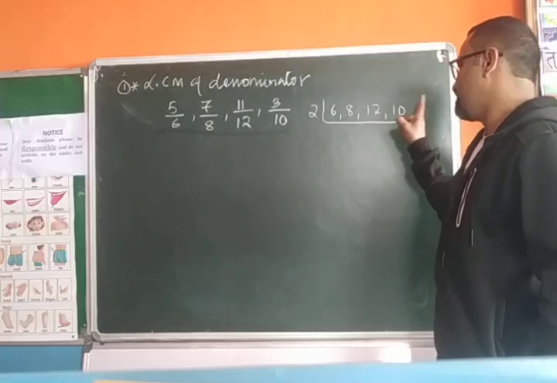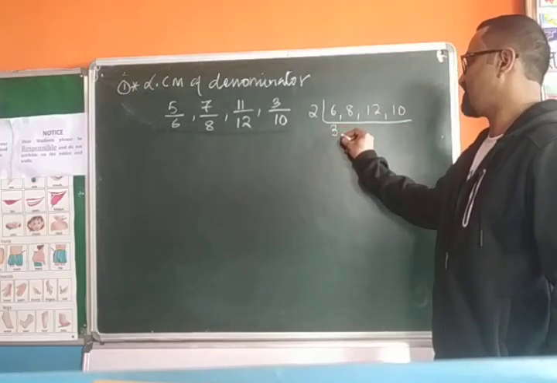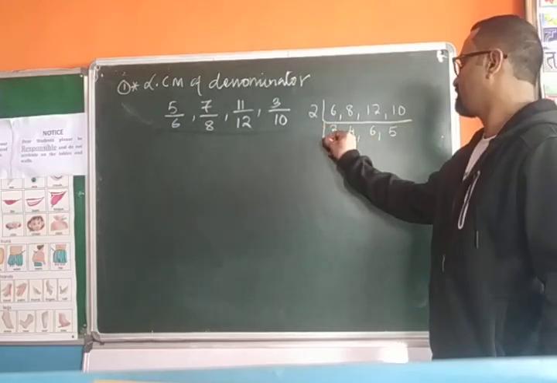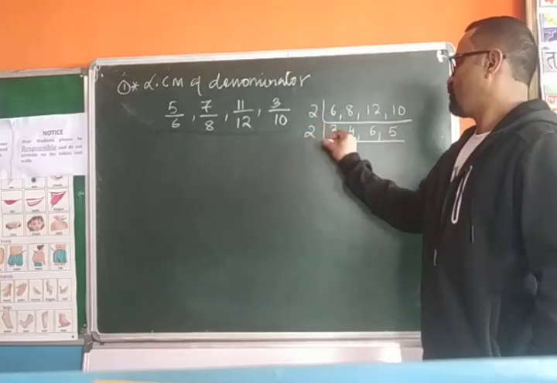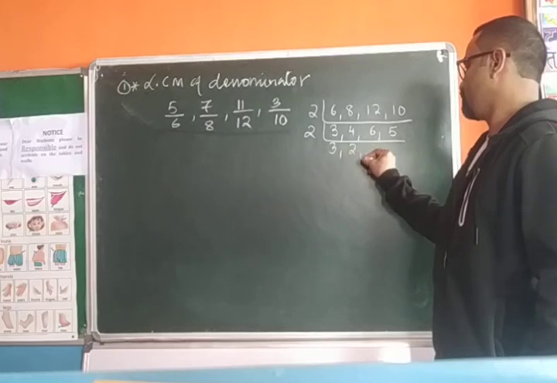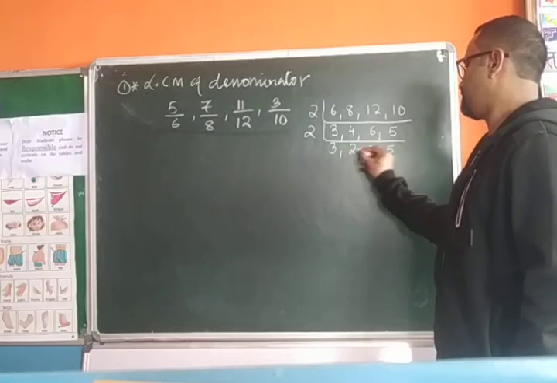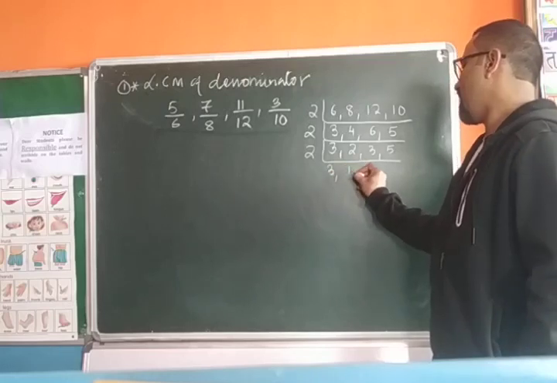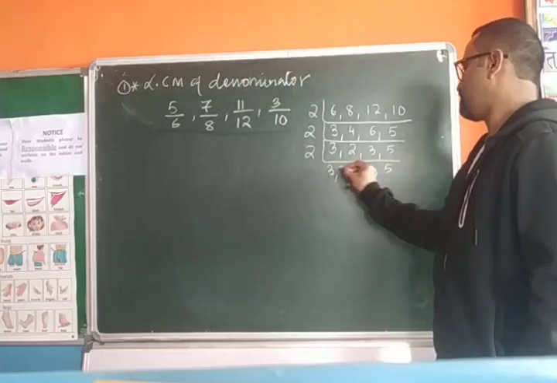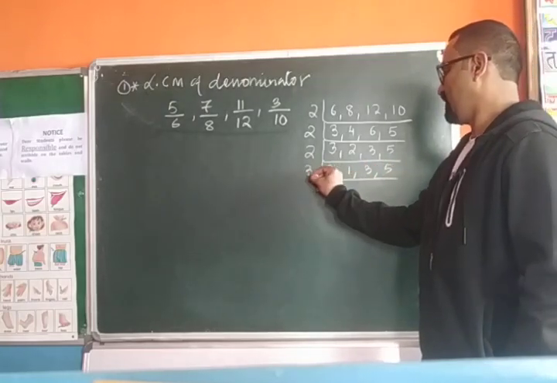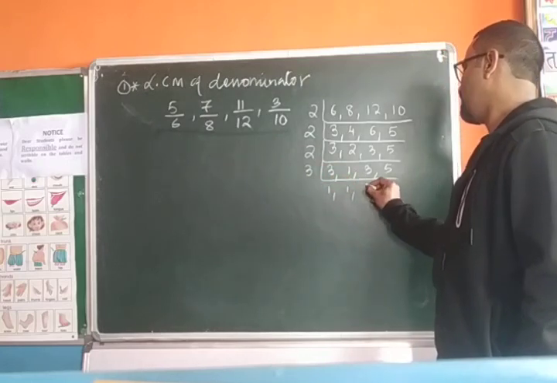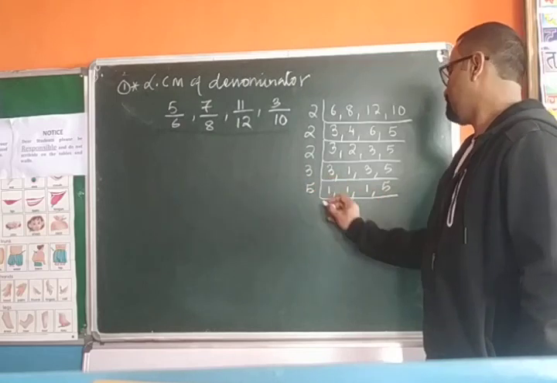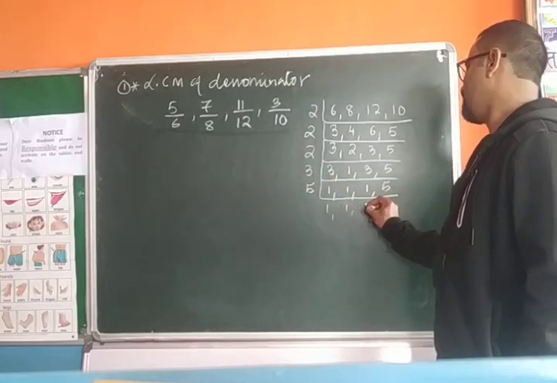All the numbers are divisible by 2, 2 or 3 times, 4 times, 6 times, 5 times. 2, 3, 2, 3, 5. 2, 3, 1, 3, 5. 3, it's 1, 1, 1, 5. 5, 1, 1, 1, 1.